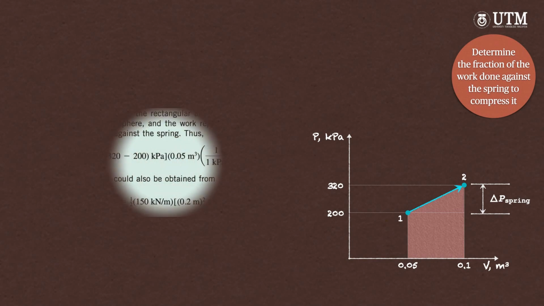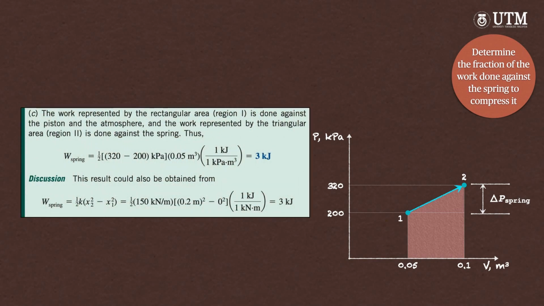The work represented by the rectangular area, that is region 1, is done against the piston and the atmosphere. The work represented by the triangular area, that is region 2, is done against the spring. Thus, it is 3 kilojoules.